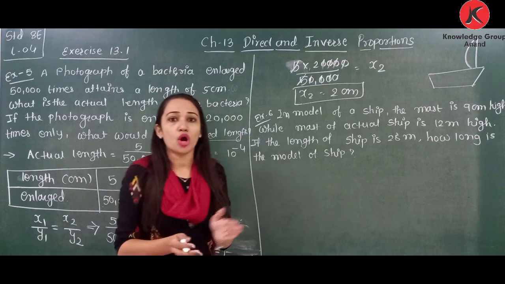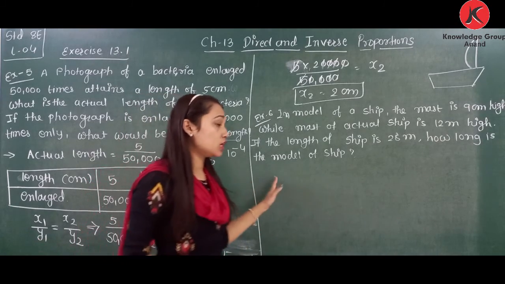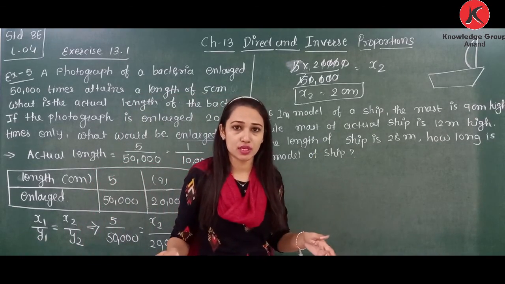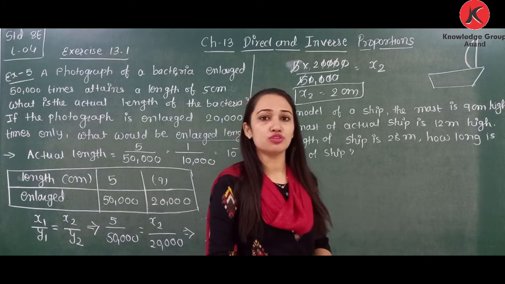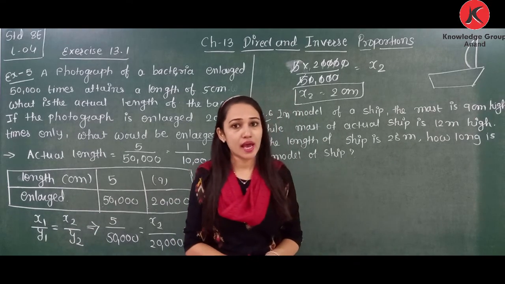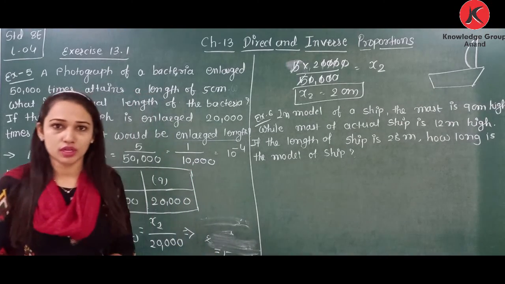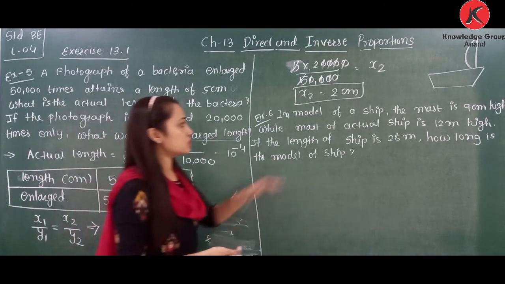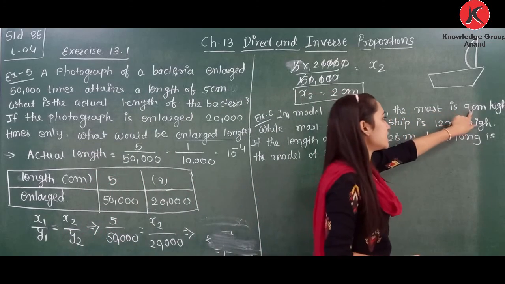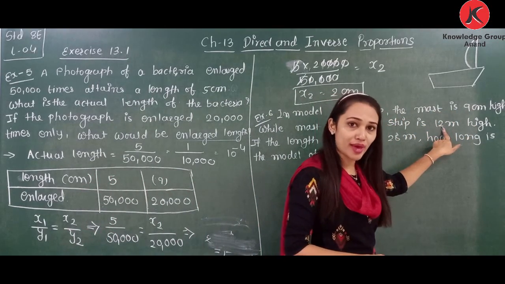Now if the size of the mast of the actual ship is increased, then in the model we also need to increase. And if the size of the ship is decreased, then in the model it is also decreased. Why? Because here it is written that the mast is 9 centimeter when the actual mast is 12 meter.